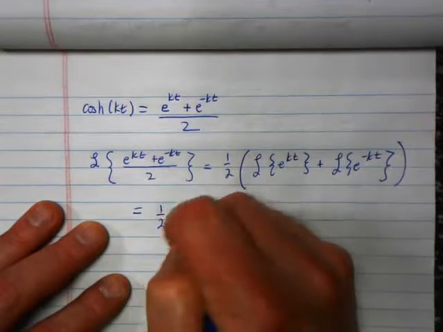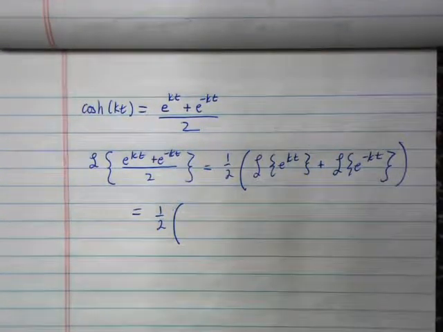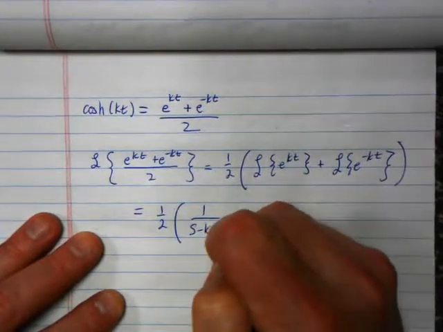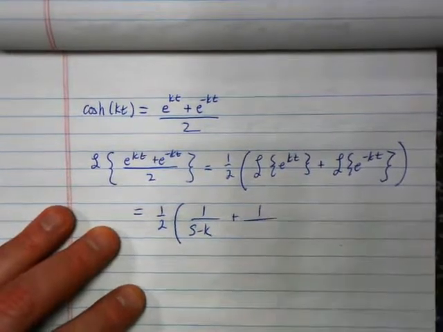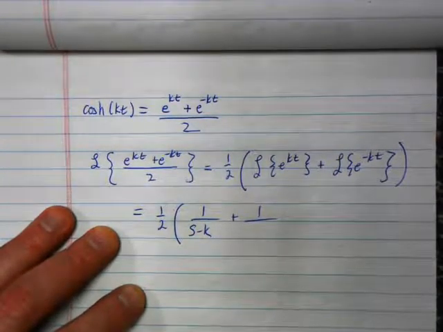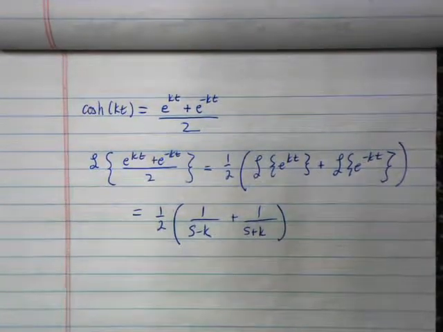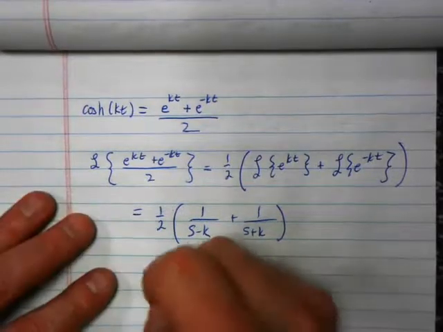This is now 1/2 times the Laplace transform of e to the kt. We just did it. It's 1 over s minus k. A is the letter k this time. Plus 1 over s plus k, because it would be s minus negative k, s plus k. I'm going to get a common denominator and add those up.